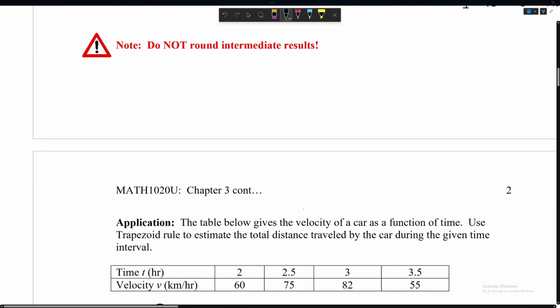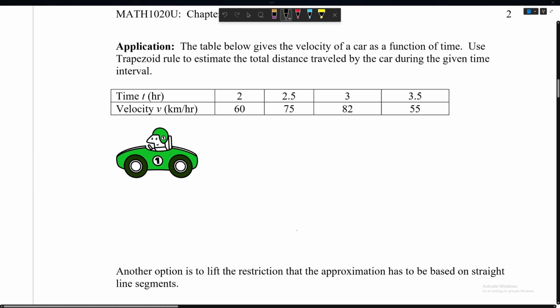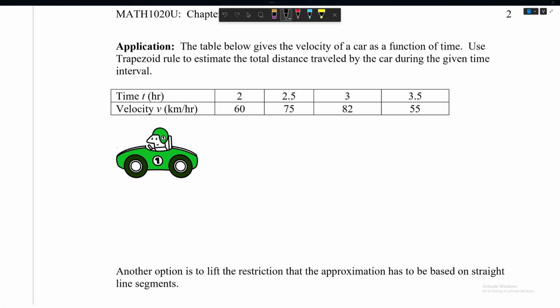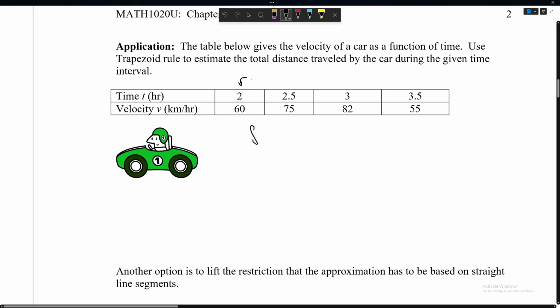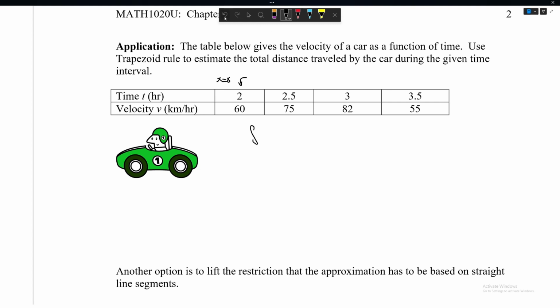So we're going to go down to this next question. If they give you something application-like this, and they tell you to approximate it, what rule do they want us to use here? The trapezoid rule. And so this is the same thing. You want to take your bounds. Here they don't give you your bounds, but you know this starts at x equals 2 and ends at x equals 3.5.